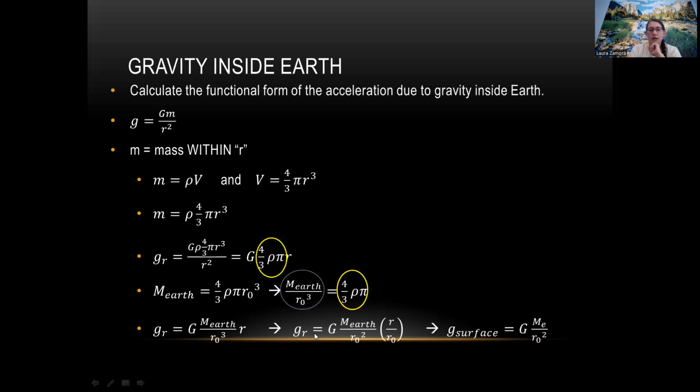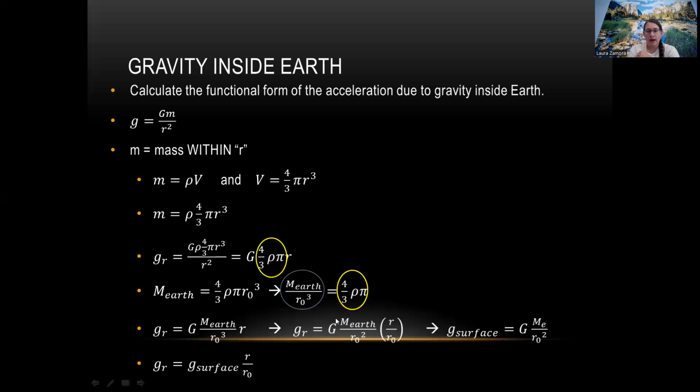Okay. So doing a little bit of rearranging here, if we take one of these r0 terms and pull it to the side of the fraction, we end up with this ratio, the random radius that we're at over the radius of the earth. Okay, and we know the gravity at the surface is big G times the mass of the earth divided by the radius of the earth squared.